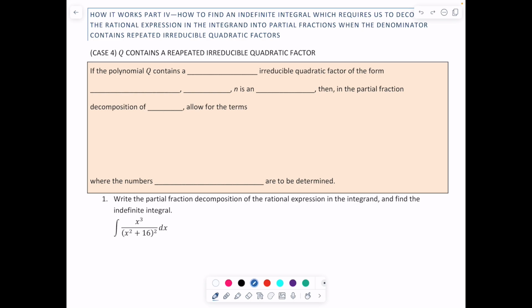So this part is the case where your denominator contains a repeated irreducible quadratic factor.